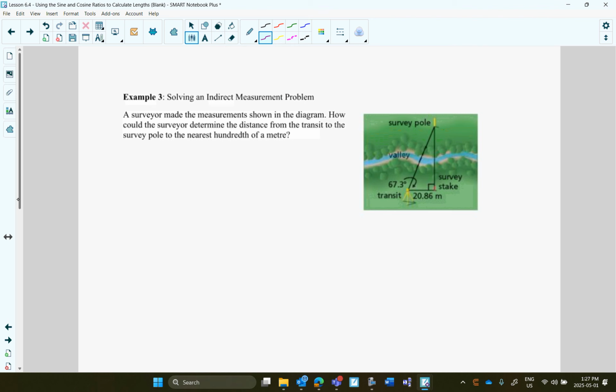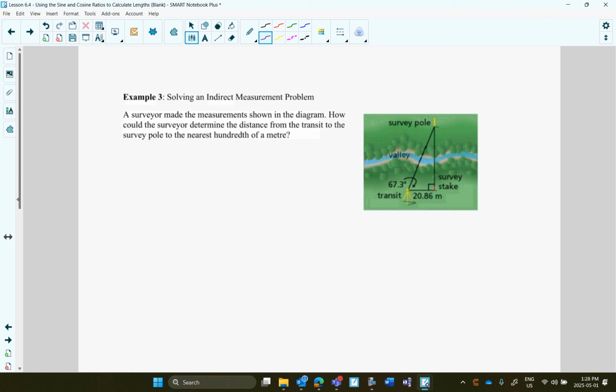So like here, we've got a valley. We're trying to figure out what looks almost like the width of the valley. So person standing here, they measure a right angle, and then across the valley there's a survey pole, and so they're able to look through this to here and determine that this is 67.3.